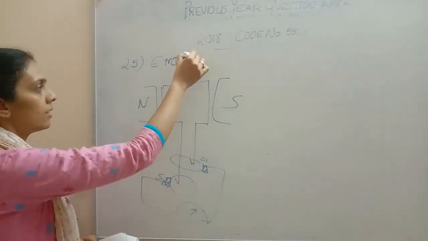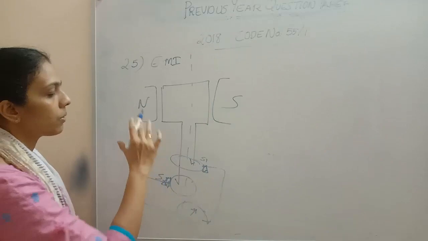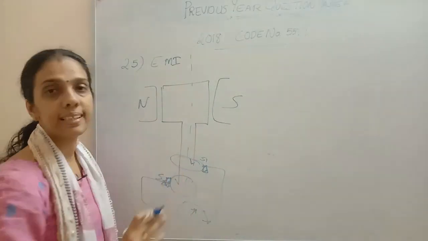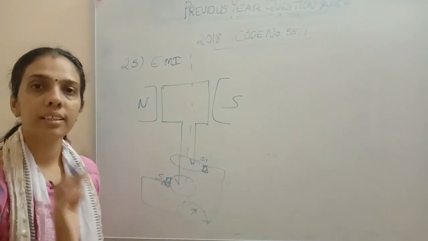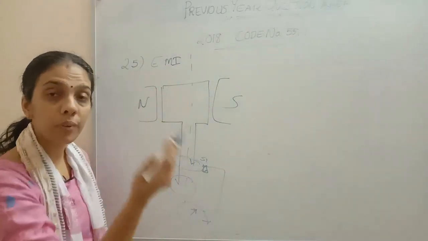Okay, so this is the axis of the coil. This is how we represent the AC generator.